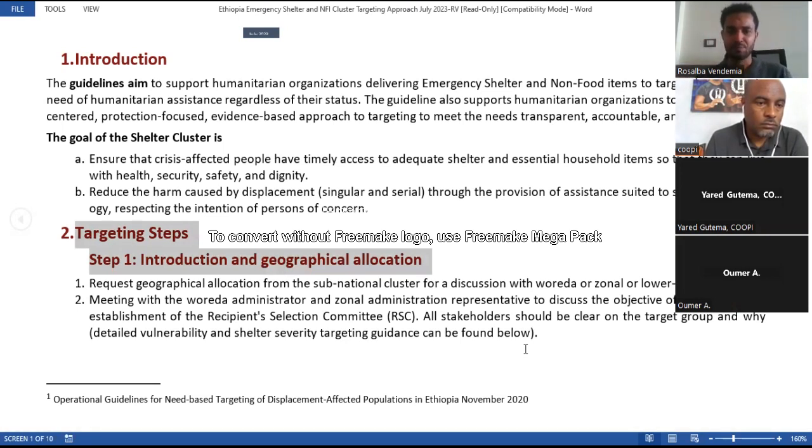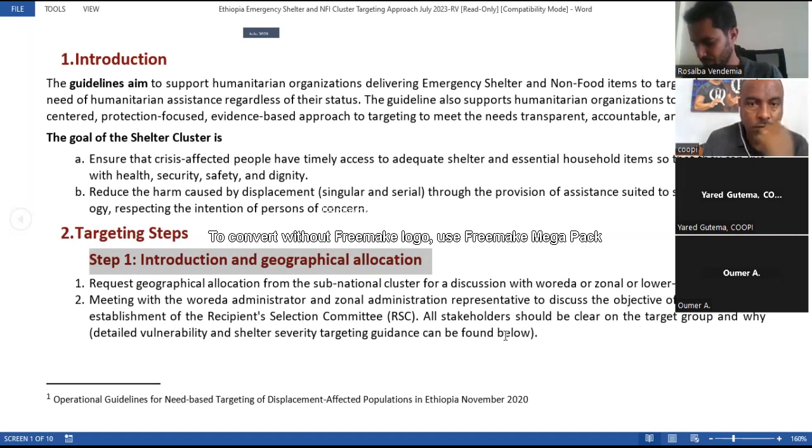Okay, thank you. About the targeting, there are 4 steps that we usually do. We'll brief them step by step. This way of operation is not something new for COOPI or for COOPI staff, but it is just to reflect back and also improve on some of the aspects that we may have limitations.